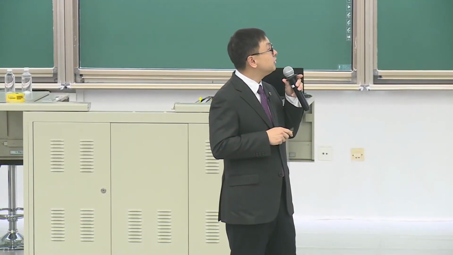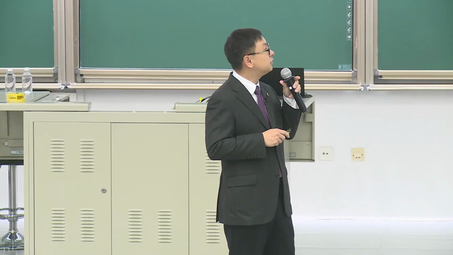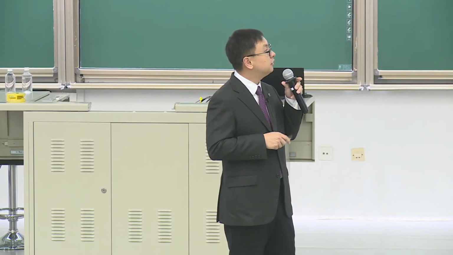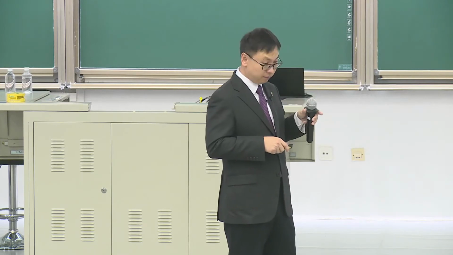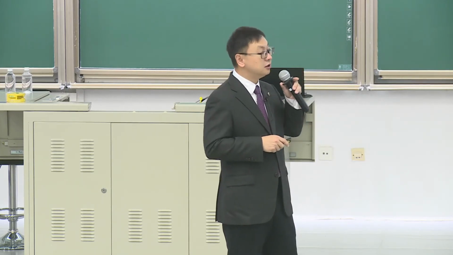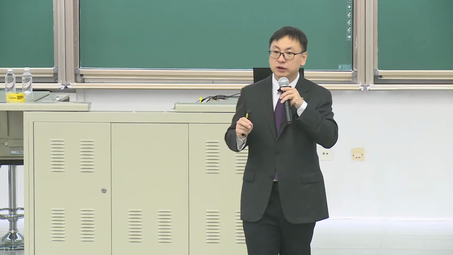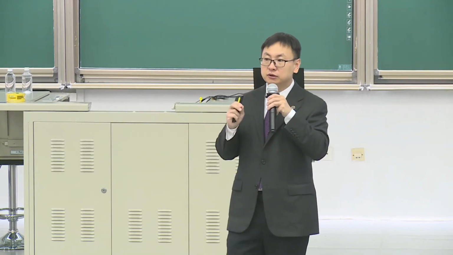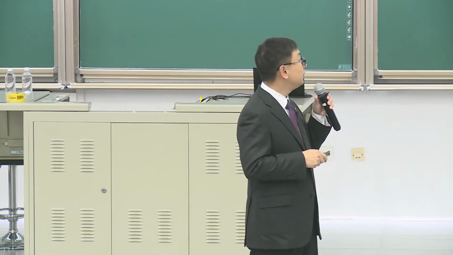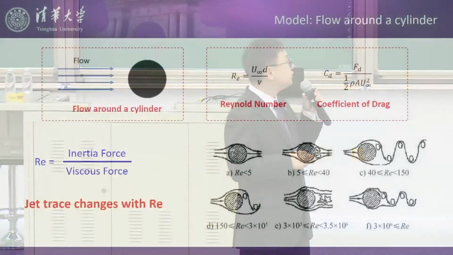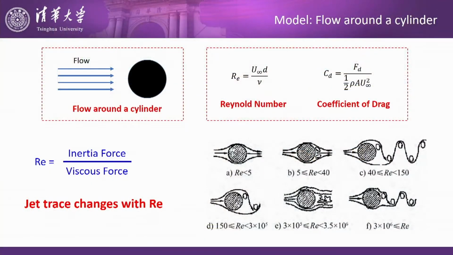It's inertial force over viscous force: speed, typical length, viscosity. Why is it important? Because no matter whether it's air or water, we can always use the Reynolds number to define it. With the Reynolds number change, the jet trace will change from here like this, here and here.